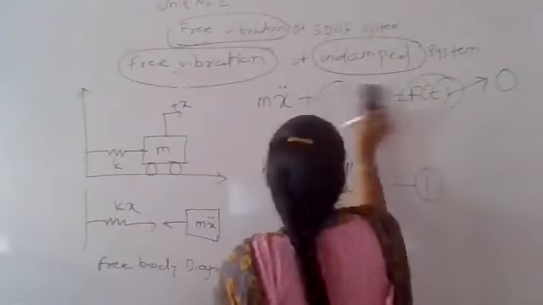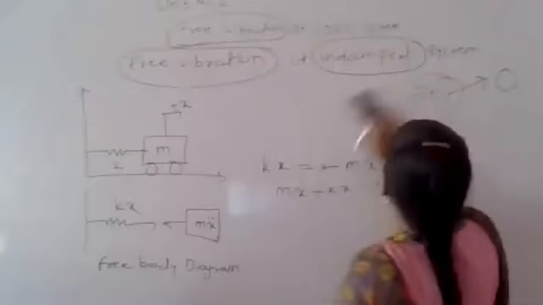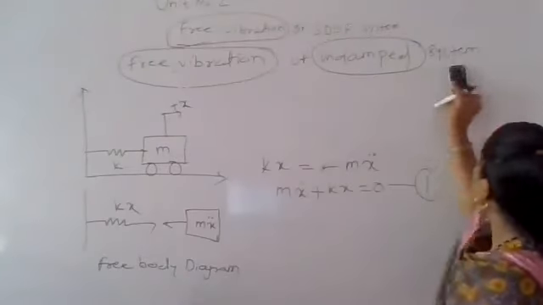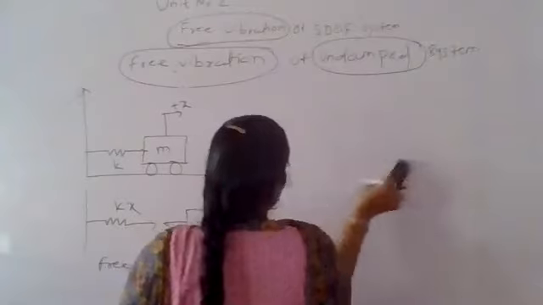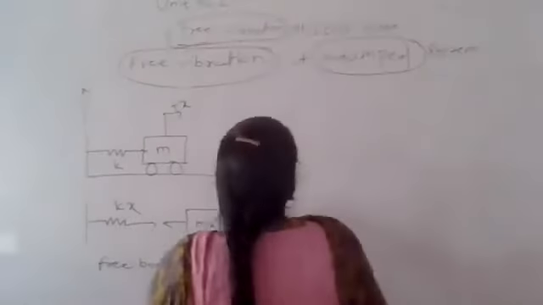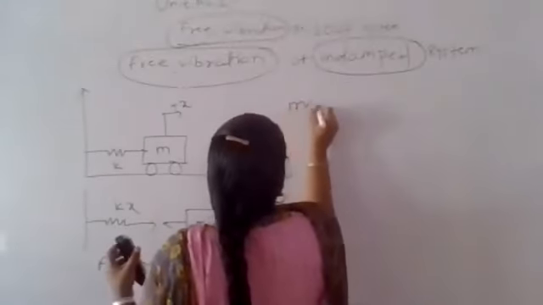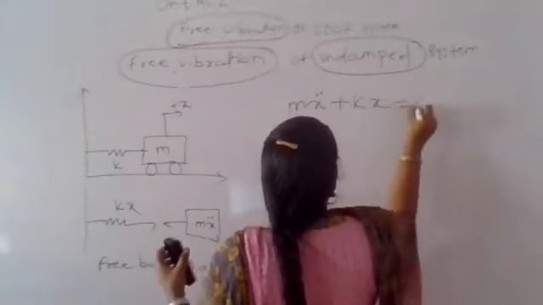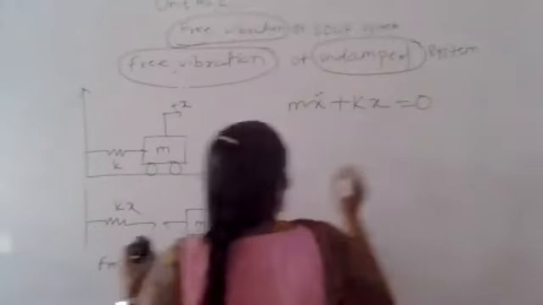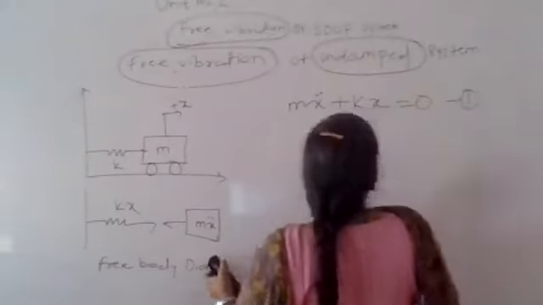Okay, and how to solve this equation mathematically? So how do we solve it? This is one of the equilibrium equations where m x double dot plus kx equal to 0. You write this is equation number 1.